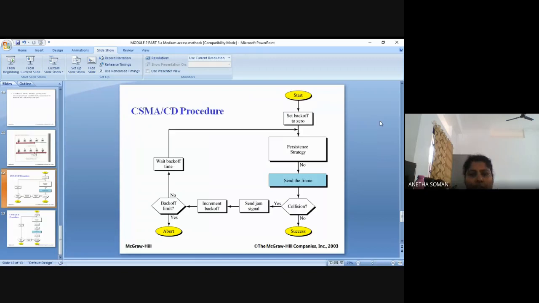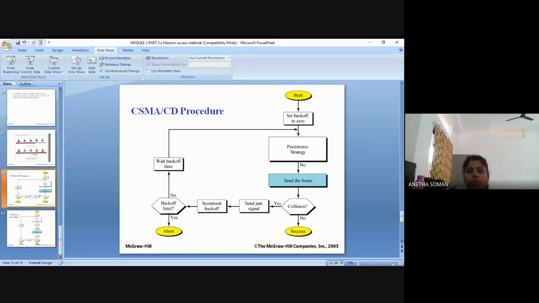The frame needs to be sent again, and the station has to wait. How long it has to wait is decided by the back off method, and in CSMA/CD they follow the exponential back off method, where the waiting time is specified from 0 to 2 power n times the maximum propagation time. Understood this much? The diagram, I will explain in the next class.